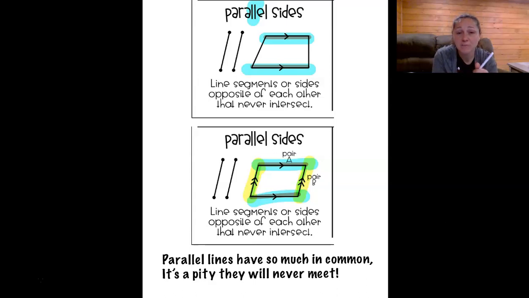Now, some shapes have one pair of parallel lines. Other shapes have 2 pairs of parallel lines. Wait a second. We're going to have to take a look at some shapes that have more sides to see if they have parallel lines. Oh, we'll have to look at that. You might find something neat.